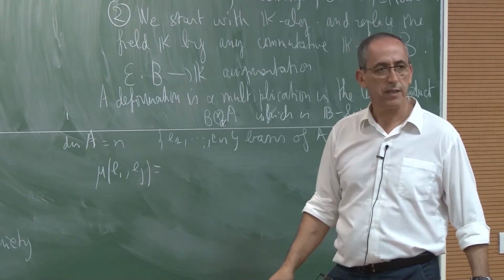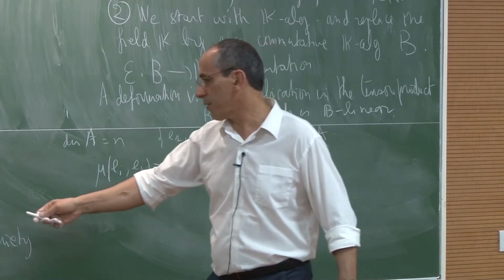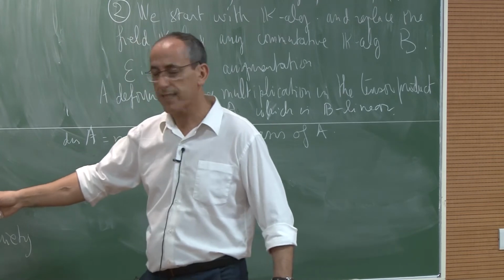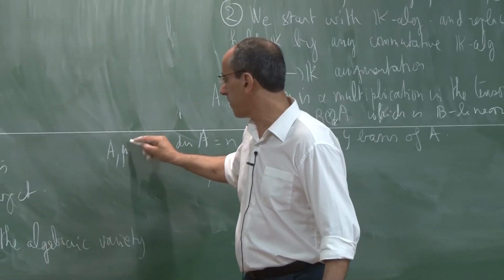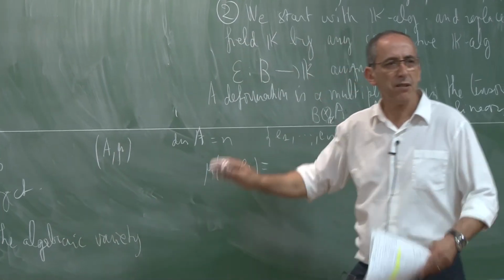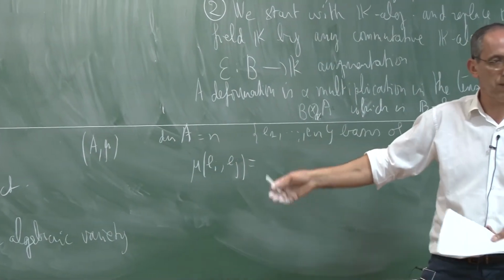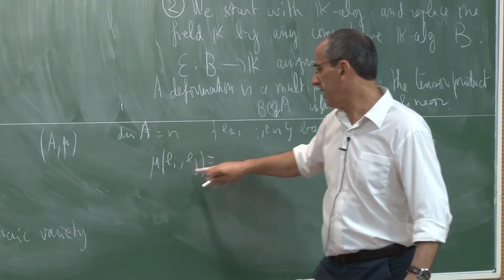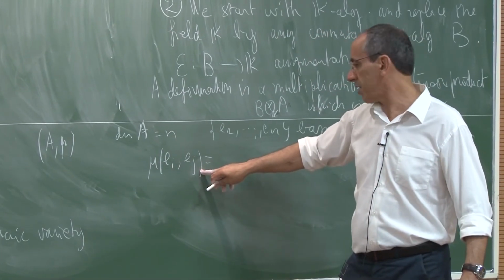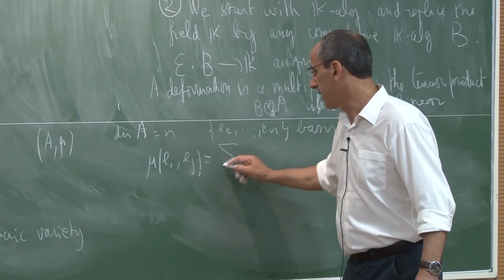Now the element of this Sn is a pair of vector space and multiplication. I don't assume that there is a unit. If you want to assume the unit, you can also. It becomes a subvariety.